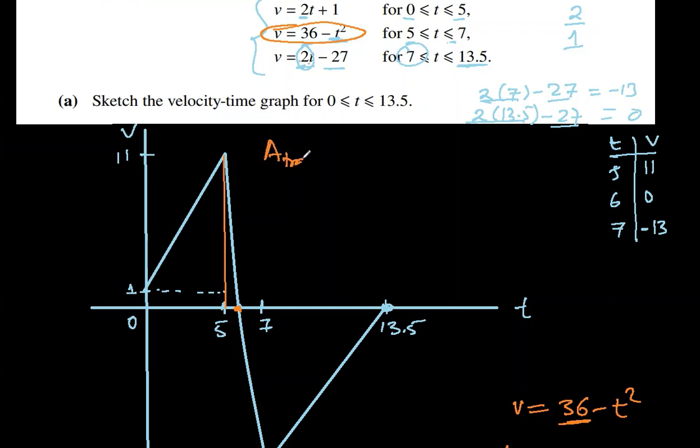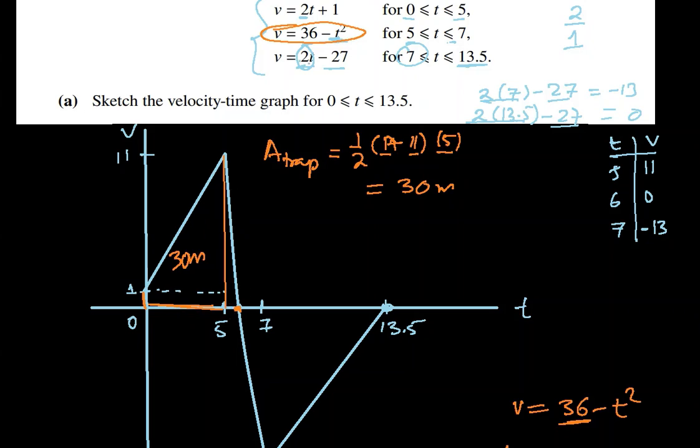Area of trapezium equals half, first parallel line, which is this small line, which is 1, plus second parallel line, which is this orange line, which is 11, and the distance between them, that is the height, 5. So it becomes 1 plus 11 is 12, divided by 2, 6 times 5, 30 meters. So it travels 30 meters in the first 5 seconds.